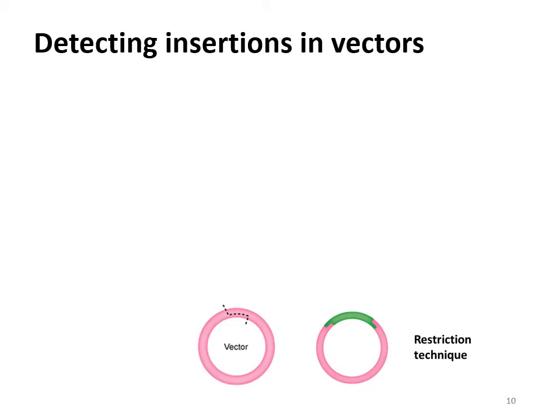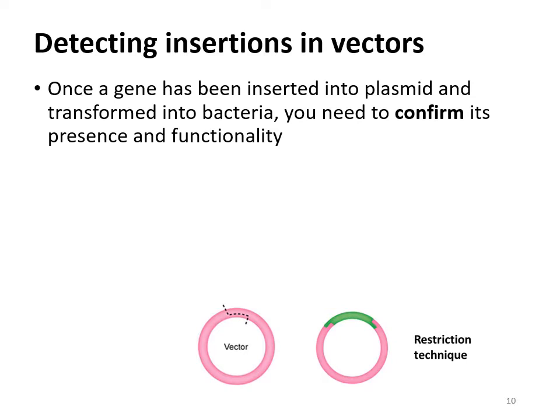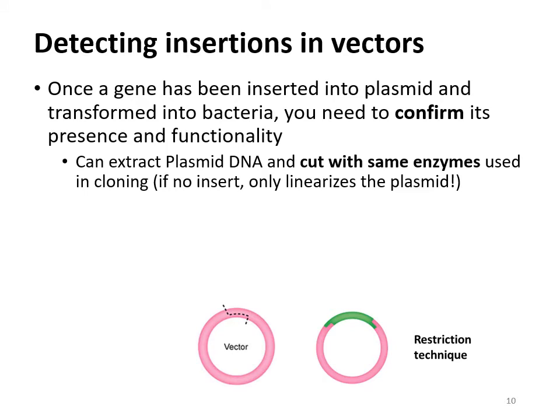So to try and determine whether your plasmid has successfully taken in the gene, you can do a few things. One thing that you can do is isolate from the bacteria, pull out the plasmid DNA, and cut it with the same enzymes that you used in cloning. And think about it.